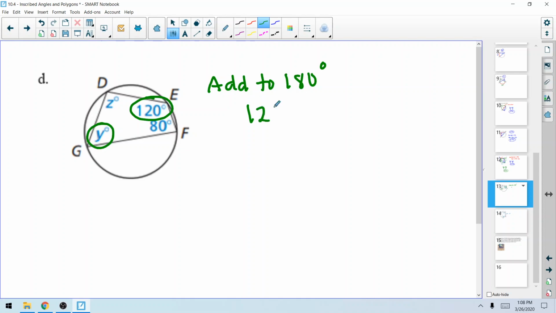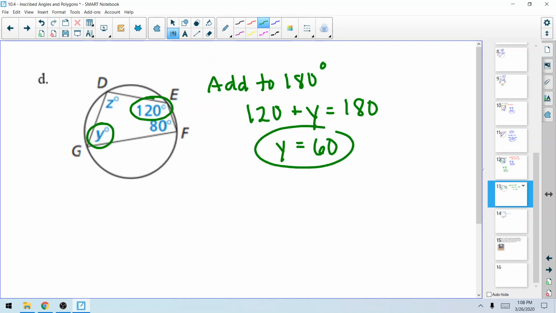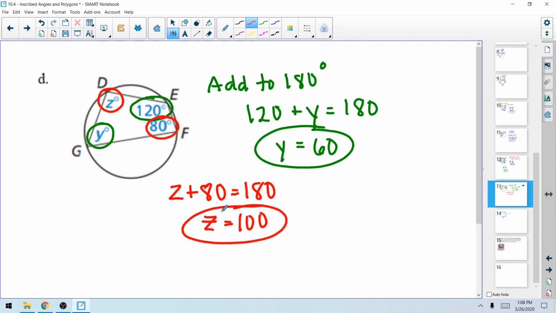So 120 plus y has to equal 180, which means y has to be 60. Same thing for z. Opposite angles have to add to 180 degrees. So z plus 80 has to be 180. So z must be 100.